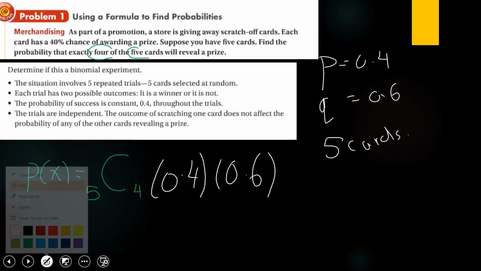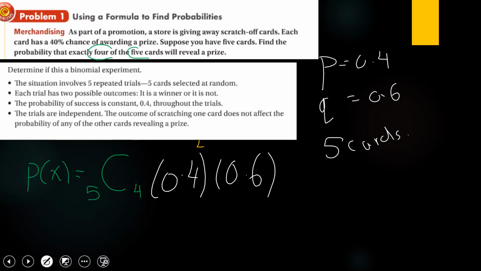Then 0.4 to the power 4 times 0.6 to the power 5 minus 4, which is 1.